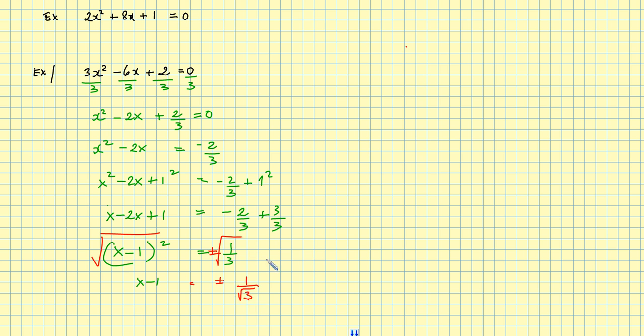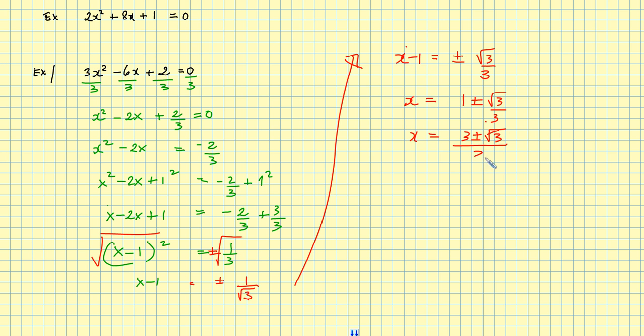I can rationalize this, and maybe I'll rationalize it now to x minus 1 equals the positive or negative of root 3 over 3. And so x is equal to 1 plus or minus root 3 over 3, which if I get a common denominator, it would go to x is equal to 3 plus or minus root 3 over 3. And that would give us our final answer.